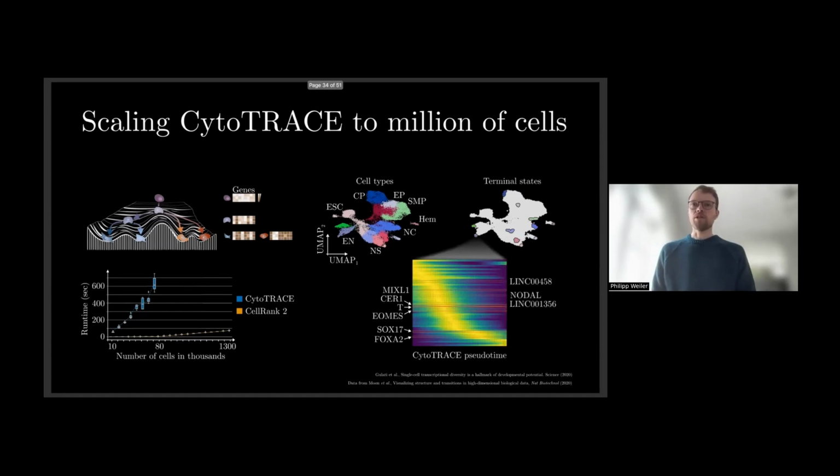Specifically, we were interested in how the endoderm arises, and what we can do with our software is now see how gene expression changes as cells develop into an endoderm cell. And you already see that these genes turn on and off, and thereby we could find several genes that are relevant for this emergence of the cell type.